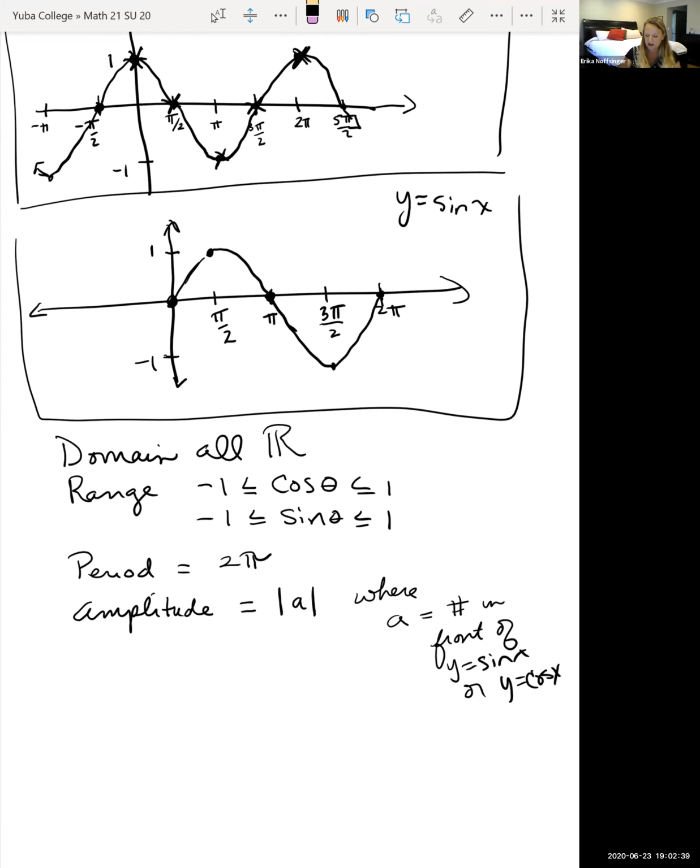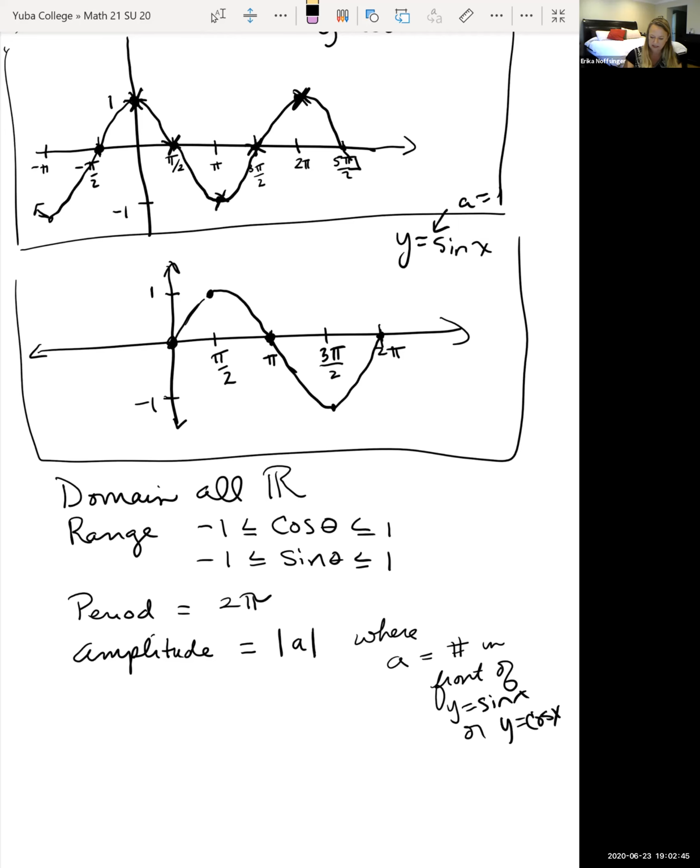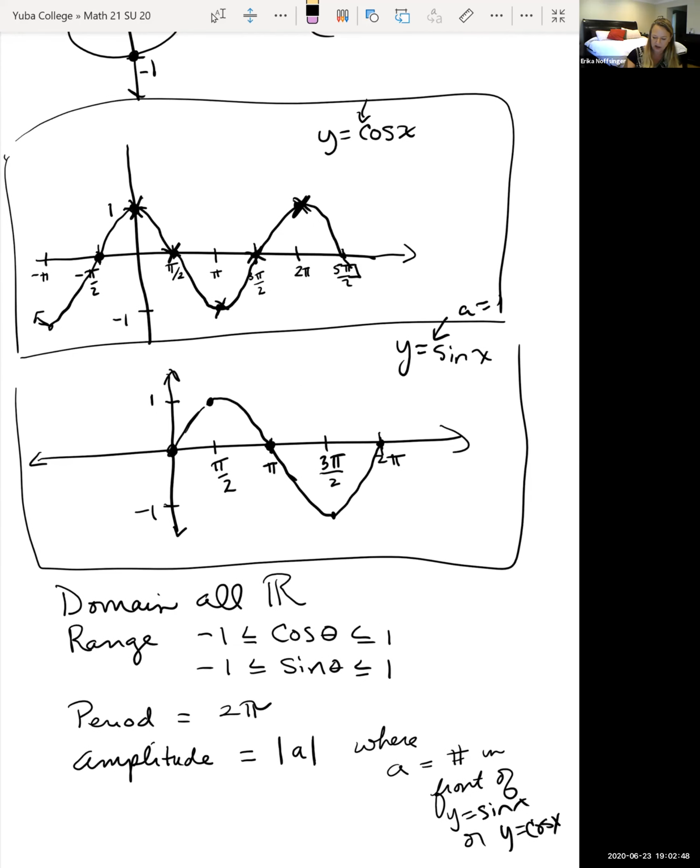So notice here, the number right in front, this is our A value. So A is 1. This number in front of cosine x, this is our A value, the coefficient we're multiplying by the trig function. So that's 1. And so our amplitude for both of these functions is 1.